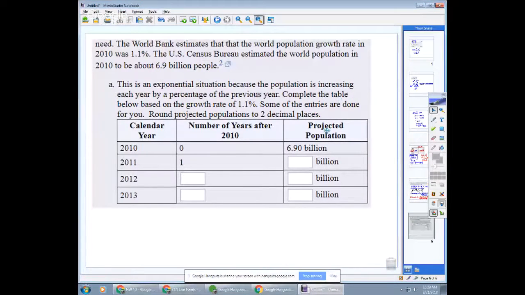All right, so here, since we have a growth rate, that's our percent increase. So we're starting off here with a relative change of 1.1%, and that is the yearly growth rate. So that's per year.